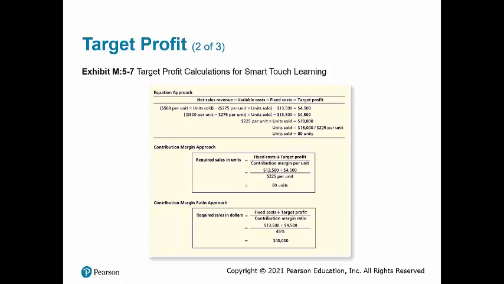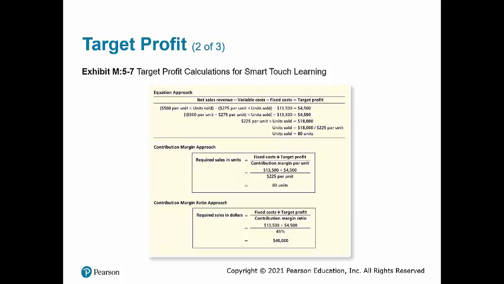Using the contribution margin approach, we would take our fixed cost of $13,500 plus the $4,500 of target profit, divide that by the $225 per unit contribution margin, and we would still get the same 80 units.